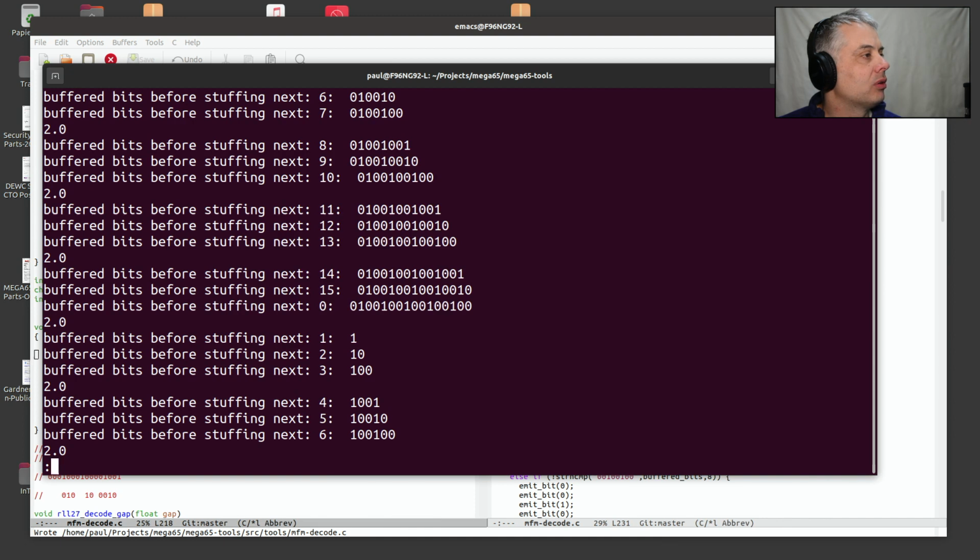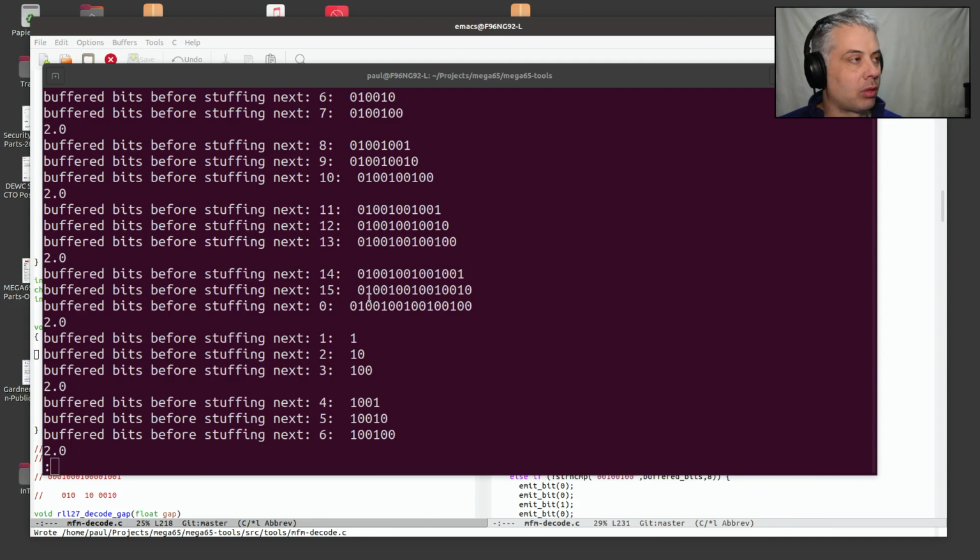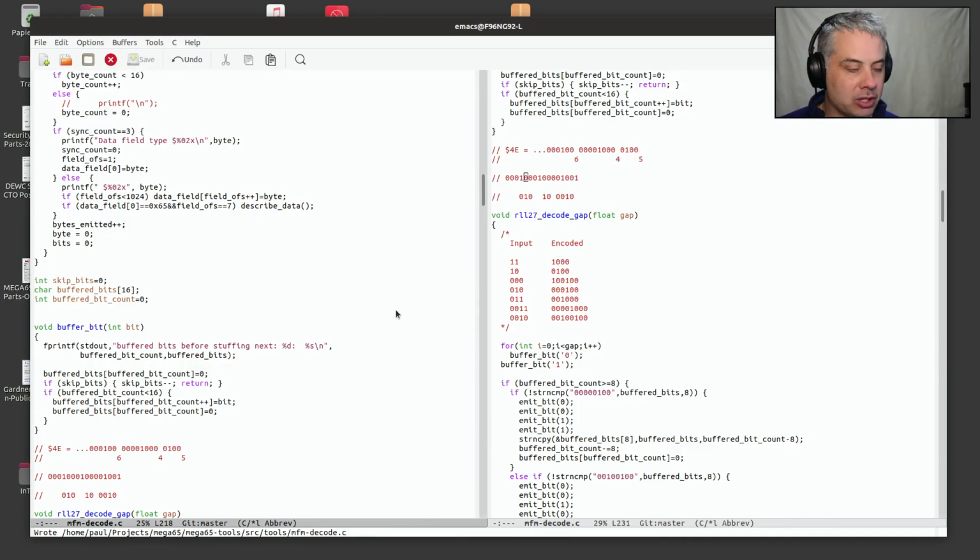How does that match against the... Because it's possible that we can actually have bit sequences that don't match against any valid code. But I don't think that's what's happening here.